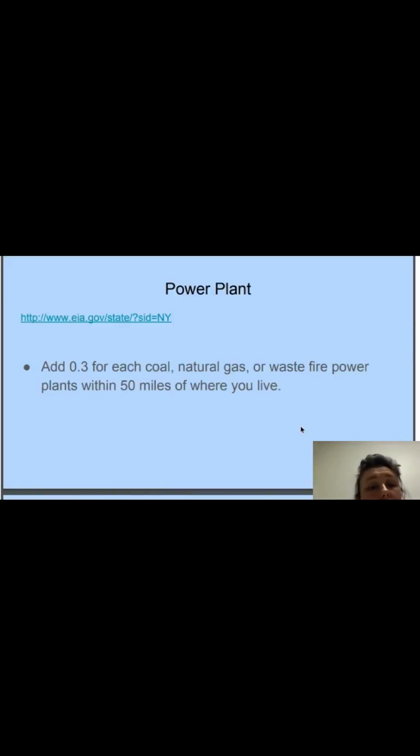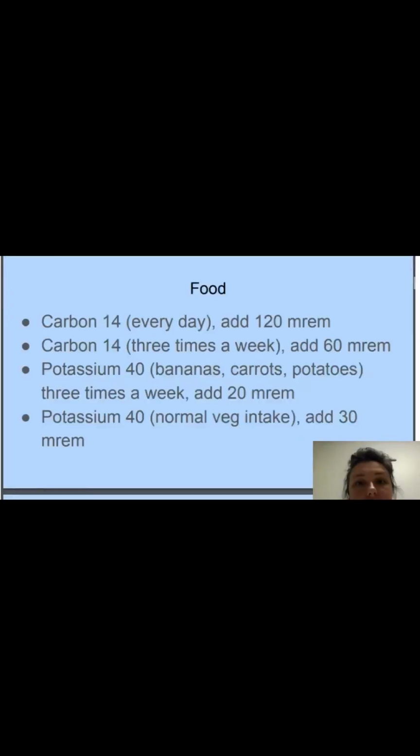Give yourself a 0.3 for each one. So for example, I live in Ridgefield. I am near 3 facilities, so I will give myself a 0.9 on my number scale for when I'm adding this up. But give yourself the appropriate number for the number of power plants near you on this part of the question.